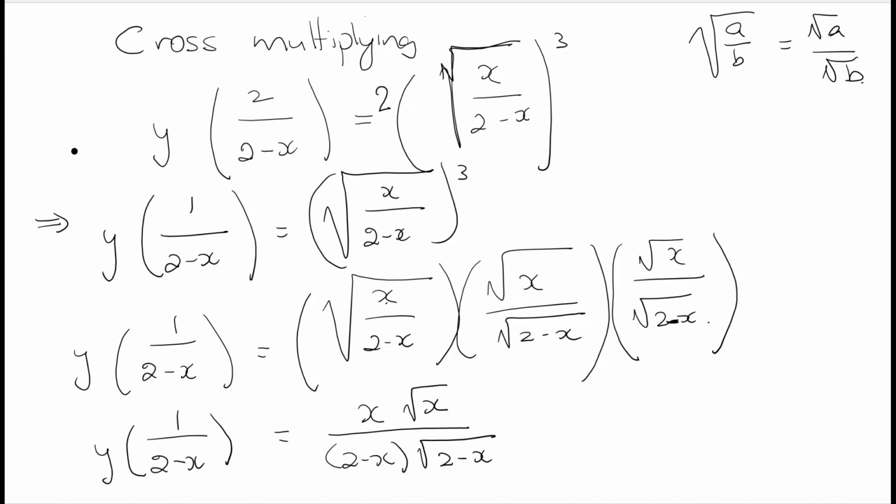Right, now what are we going to do? We are going to cross multiply to get y, because ultimately we need y squared. So I'm just going to write that at the top of the next slide.